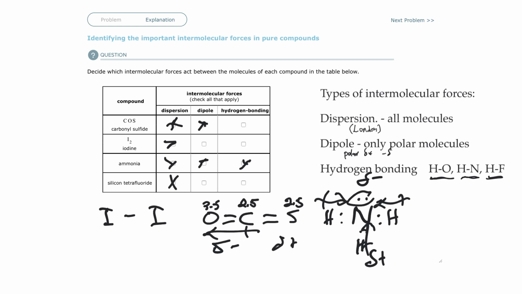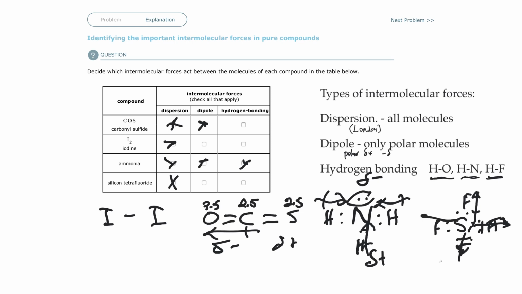Okay, so we have a polar, and what about silicon tetrafluoride? Well, silicon is right under carbon, so it's just like carbon with 4 fluorines around it. Silicon and fluorine is very electronegative, so you're going to have something like this, but all of them are canceled out.